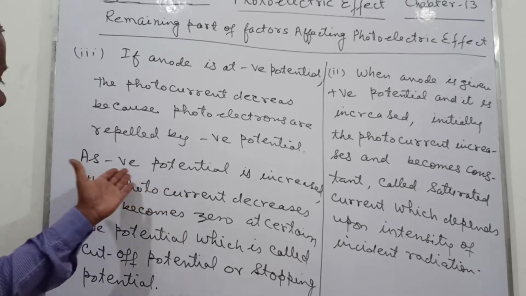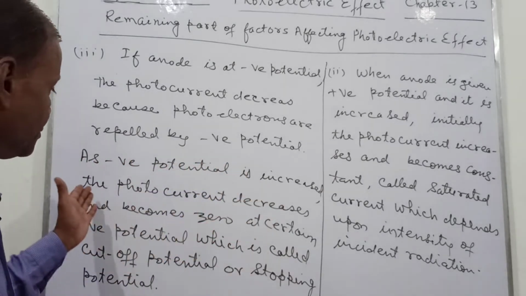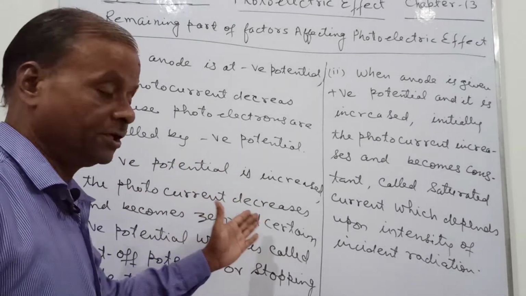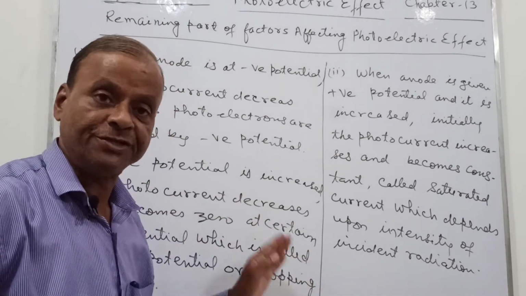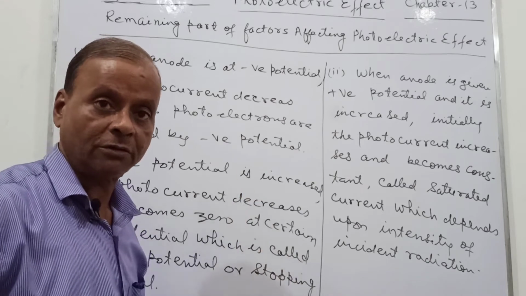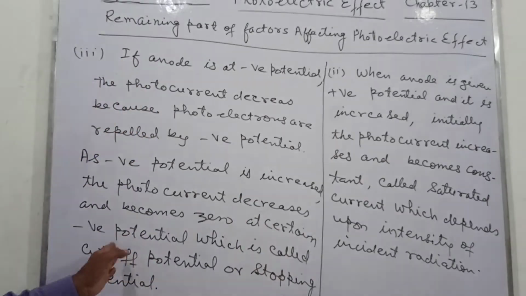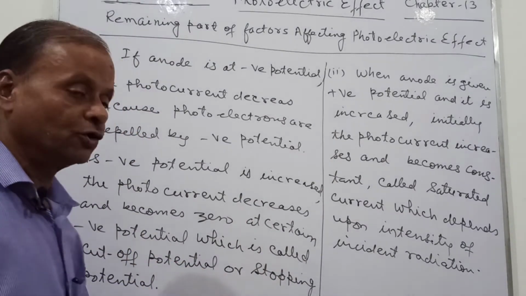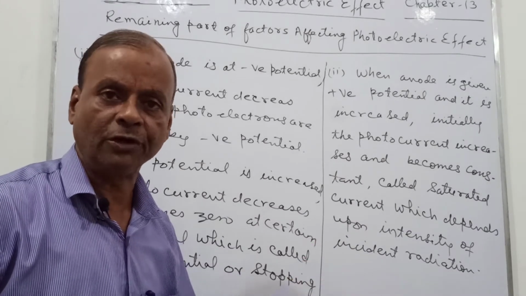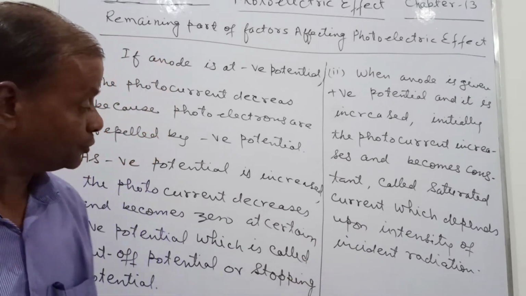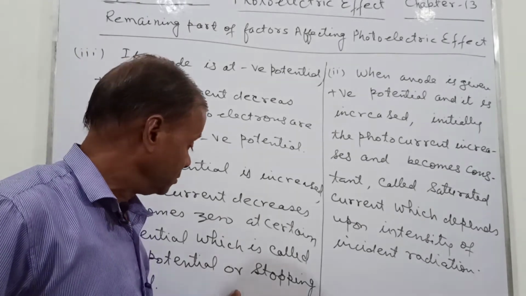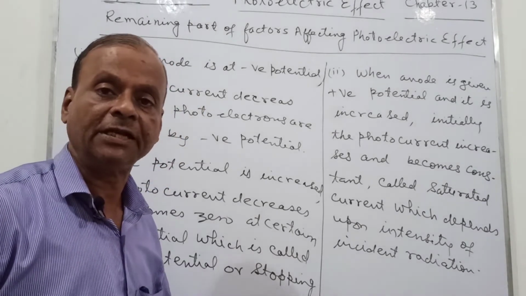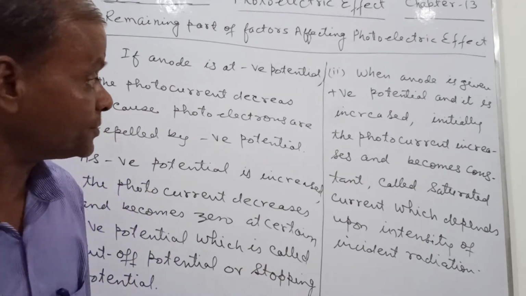So what happens? As the negative potential increases, the photocurrent decreases and it becomes zero at a certain negative potential, which is called the cutoff potential or the stopping potential or the stopping voltage. So this stopping voltage is the measure of the kinetic energy of the electron. So now let us see the graph.